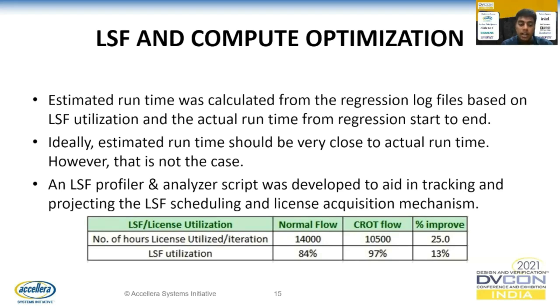With this regression profiler, we were able to improve turnaround time by 15 to 25%. The LSF utilization improved significantly from 84% to 97%, and license utilization improved by 25 to 40%, resulting in huge cost savings and effective utilization of resources.